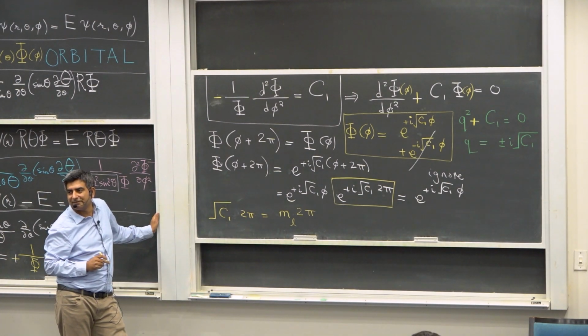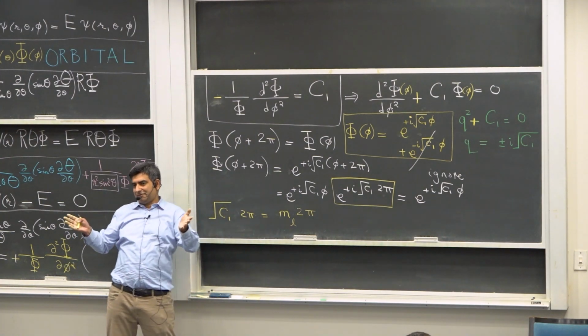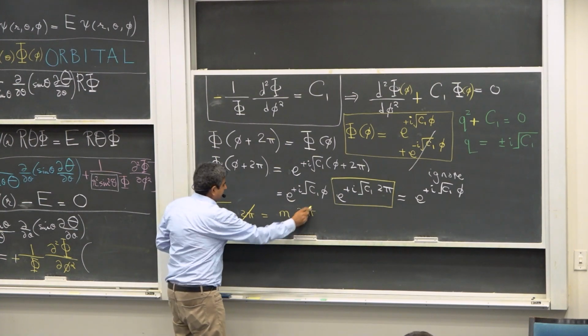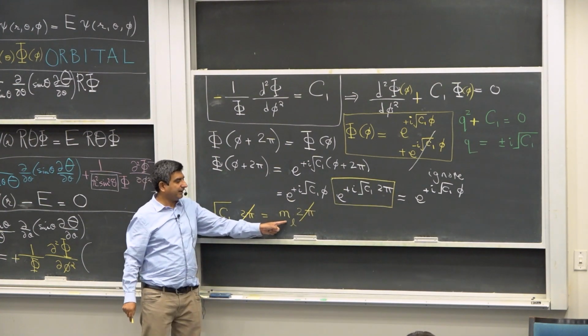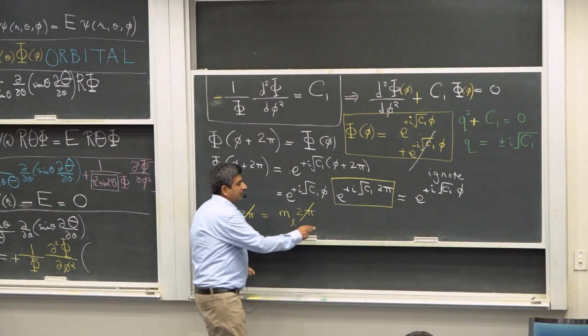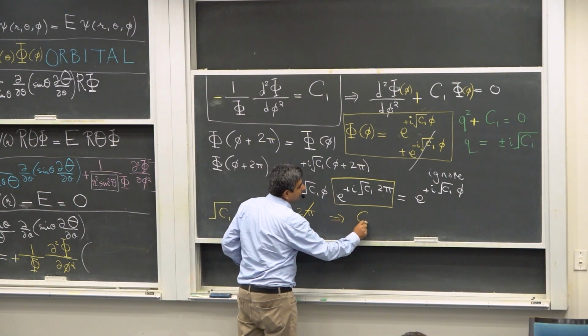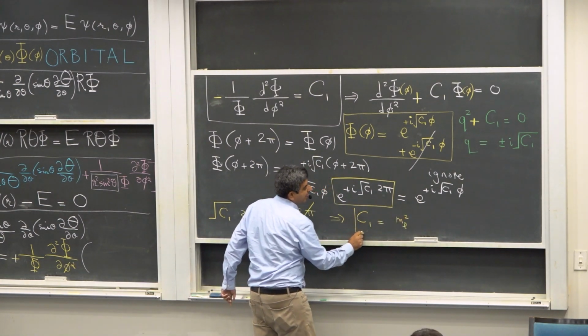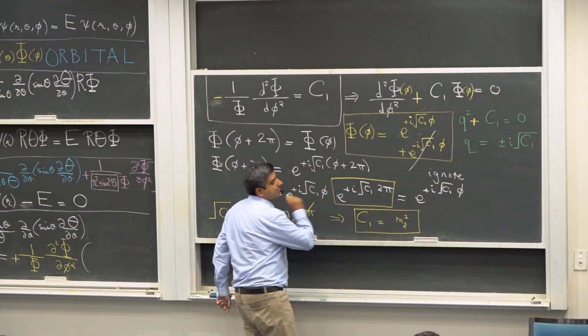So any integer multiple of 2 pi works, right? So ml is some integer, which means that my under root C1 is an integer, or C1 is ml squared.